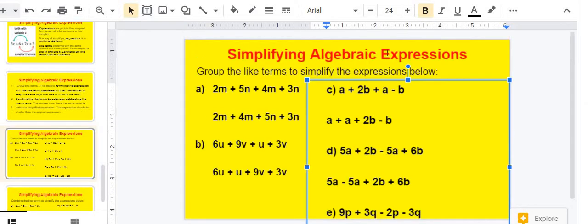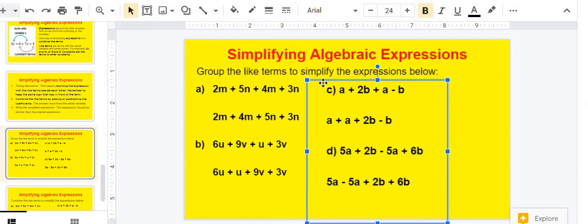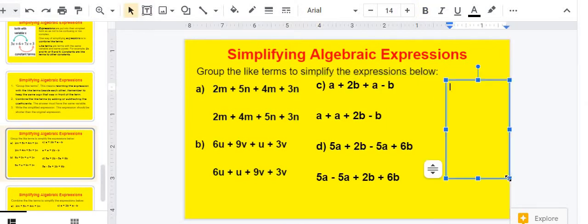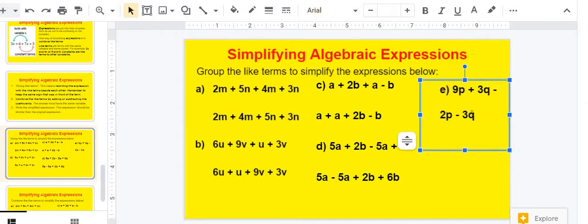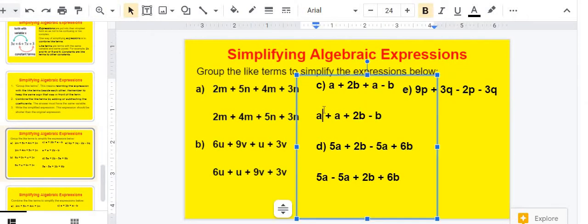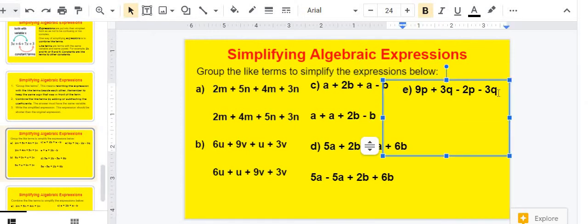Okay, question E now. You will see that, let me try to copy it and put it here. Okay, for question E, the like terms are going to be 9p and 2p.